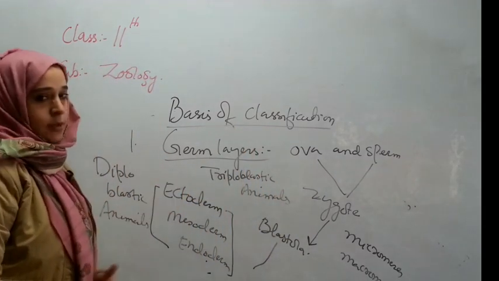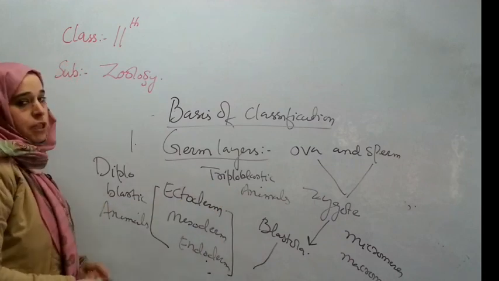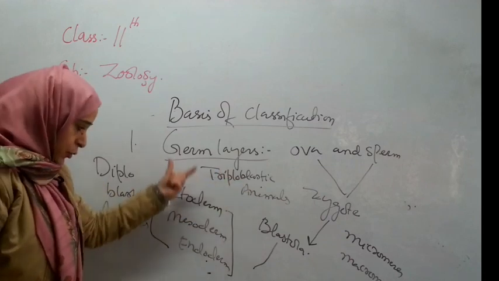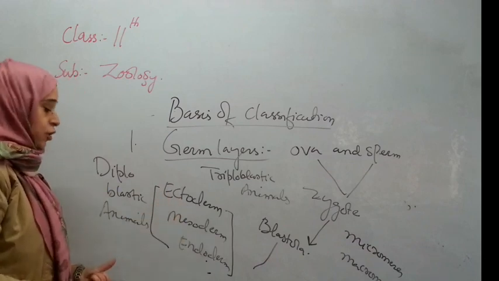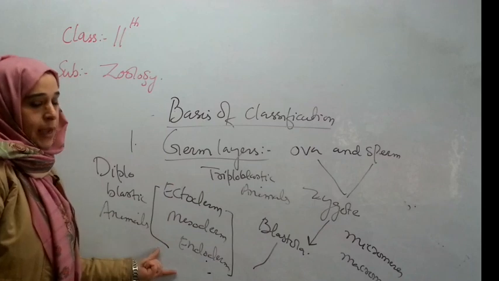So, triploblastic animals possess all three germ layers, ectoderm, mesoderm, and endoderm, and diploblastic animals possess only two germ layers, that is ectoderm and endoderm.